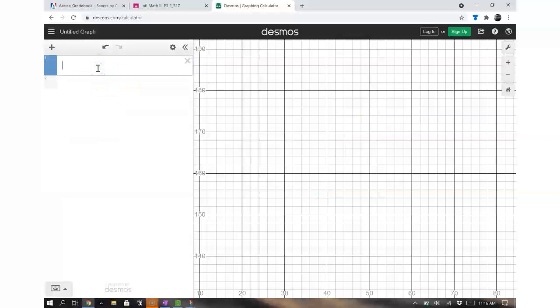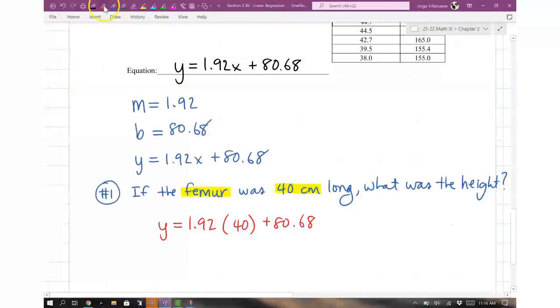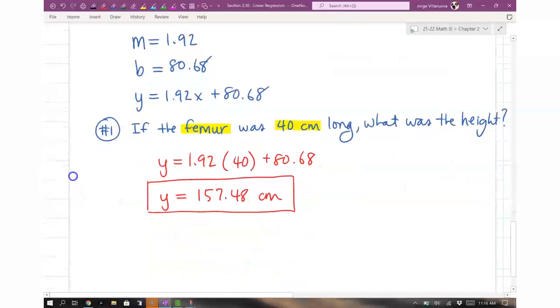So what was 1.92 parenthesis 40 plus 80.68. And it tells me my answer is 157.48. So I'm going to go ahead and go back to my notes here. And my height, which is y, is 157.48 centimeters. I mean, that wasn't that bad, right? Just got to plug it in, punch it into a calculator.